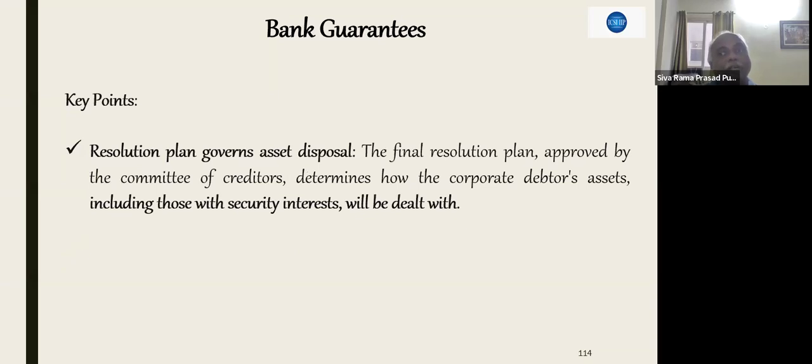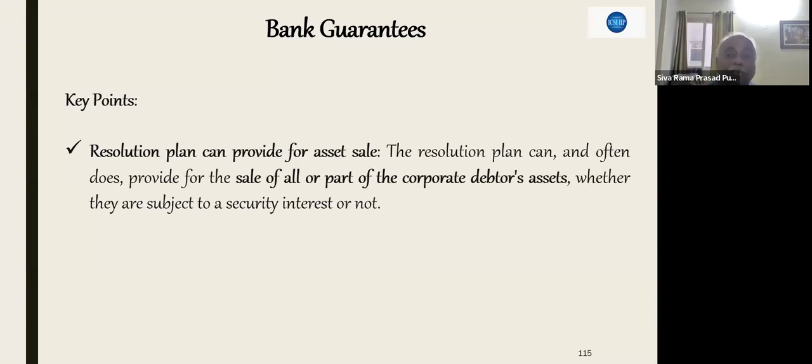Resolution plan governs asset disposal. The final resolution plan approved by the committee of creditors determines how the corporate debtor's assets, including the security interest, will be dealt with. A resolution plan can often provide for the sale of the corporate debtor or parts of it, whether they are subject to security interest or not.